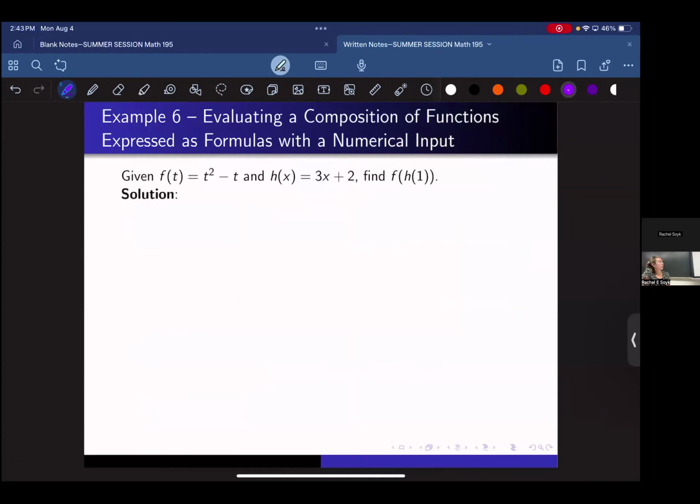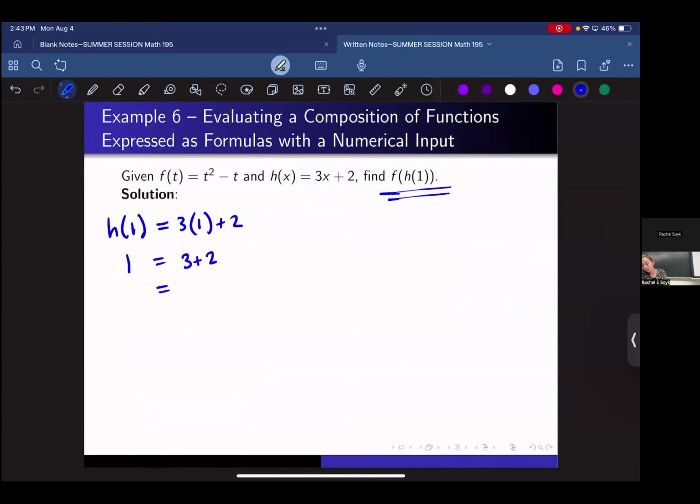So let's use this example as some reinforcement. F of h of 1, let's solve for h of 1 first. Wherever you see an x, draw in parentheses and put in a 1. Simplify, and you get that h of 1 is equal to 5. And now we want to evaluate what f of 5 is.